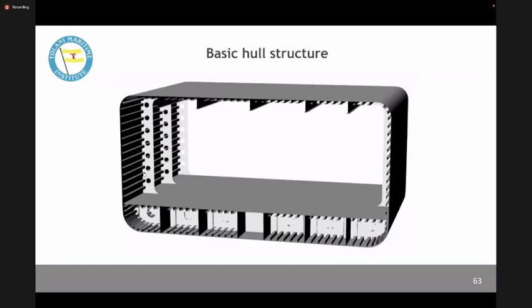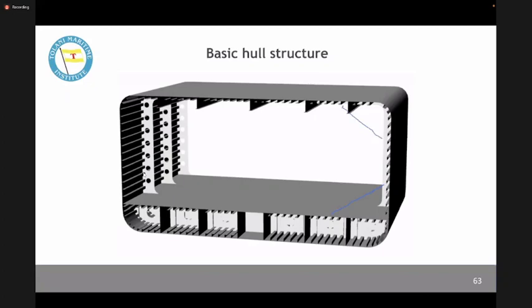What happens, I will just tell you quickly. When we are making a structure for any type of ship, suppose you talk about a bulk carrier. Always remember, a bulk carrier needs some sloping kind of plate in the corner, and we will also have a sloping plate like this.